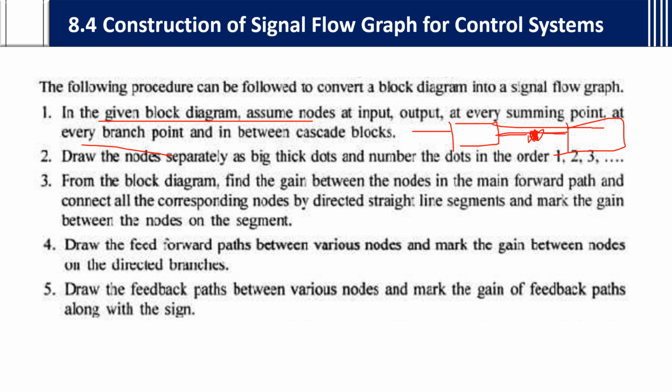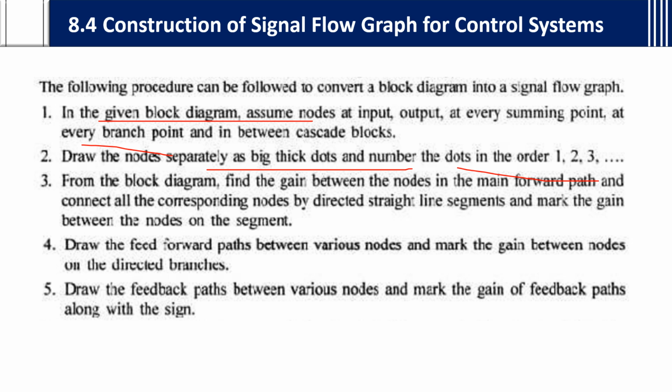So we should consider a node here. In a signal flow graph, you should compulsorily consider nodes at the input and output, at every summing point, at every branch point, and between the cascade blocks. Draw the nodes separately as big thick dots and number them 1, 2, 3 like x1, x2, x3, or 1, 2, 3, 4 you can write.